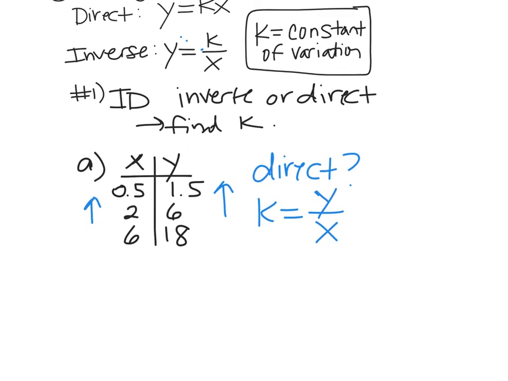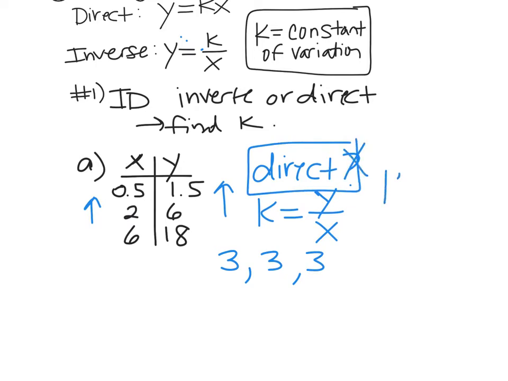And you already did this. You saw it right away. Y over x is 1.5 over 0.5, which is 3. Y over x is 6 over 2, also 3. 18 over 6, 3. Did it change at all? No. So this is going to be direct variation, and k equals 3.